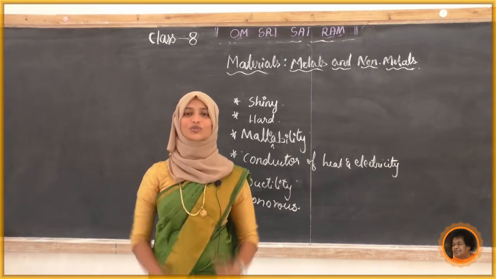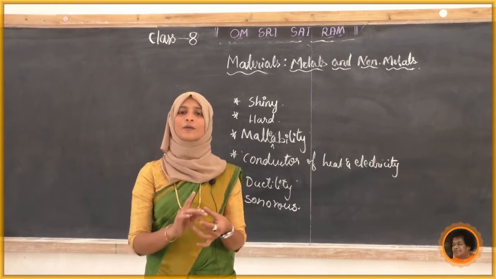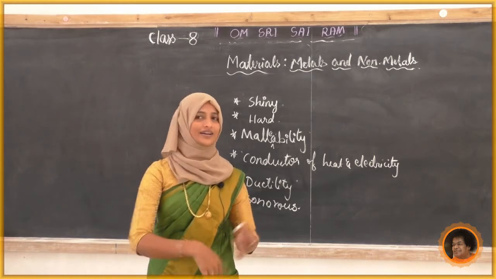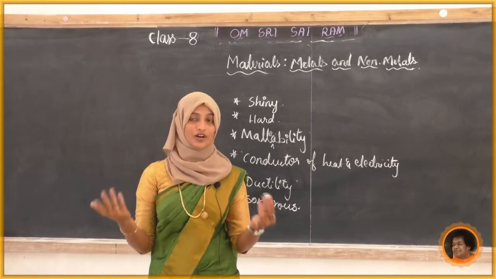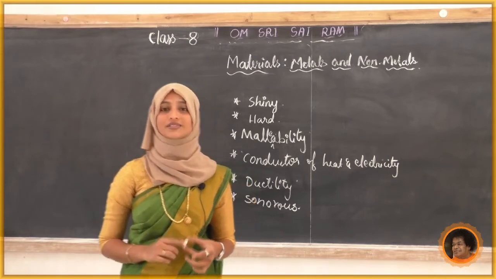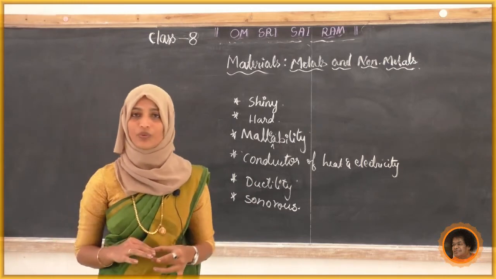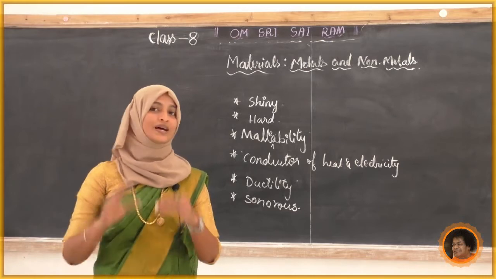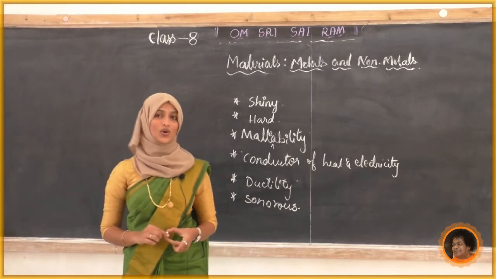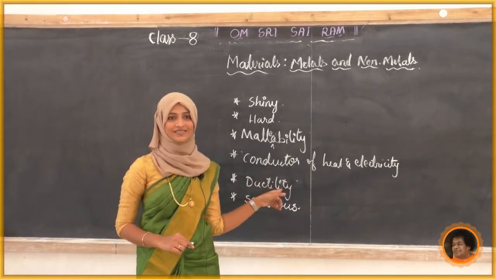Otherwise if you beat any tiffin box or anything, it will give a sound. Instead of that, if you do the same experiment with a wooden box, we won't get any sound. If it is a plastic box, also we won't get a ringing sound. We will get some other sound, but not a ringing sound. That sound is called sonorous.